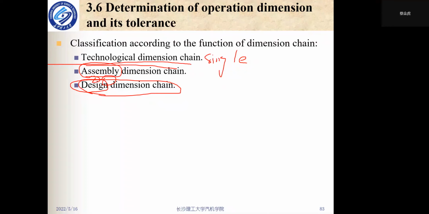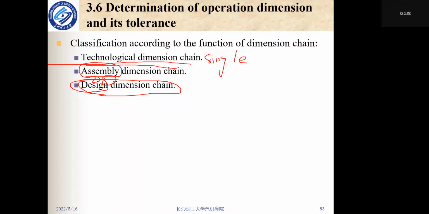And the second one is the assembly dimension chain. It is formed by some related dimensions of different components or parts in the assembly process. The key point is some related dimensions of different components or parts in the assembling process.